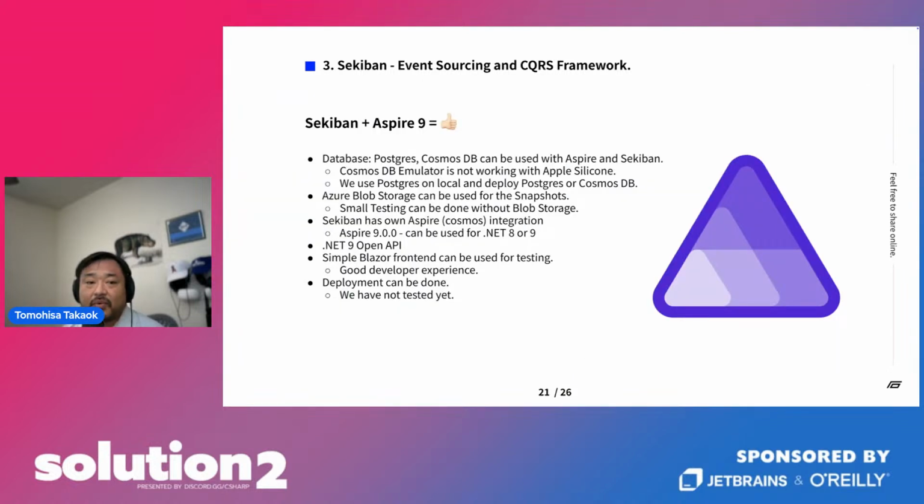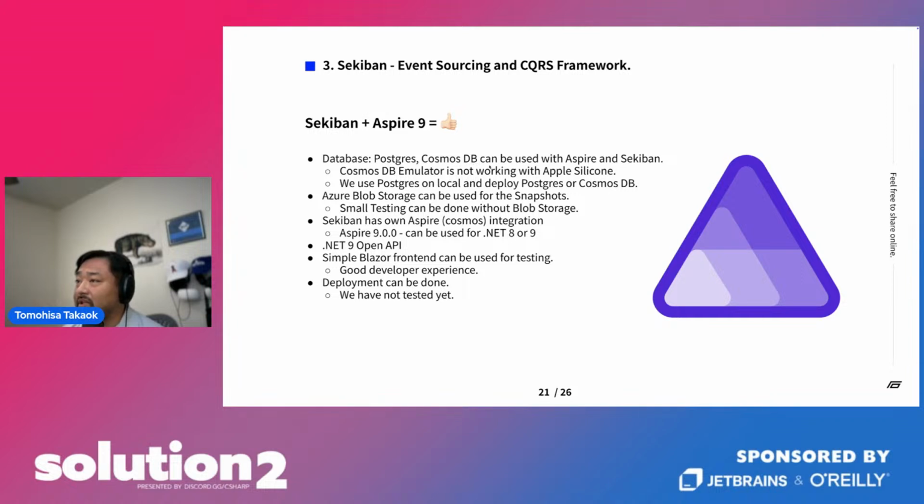And Sekiban is working very well with Aspire. Aspire is now very popular in .NET, and I think Aspire is going to be the reason that you use .NET and C#, because it's super easy to create the environment and create a database, so you can start focusing on the programming. And Sekiban can do that as well.